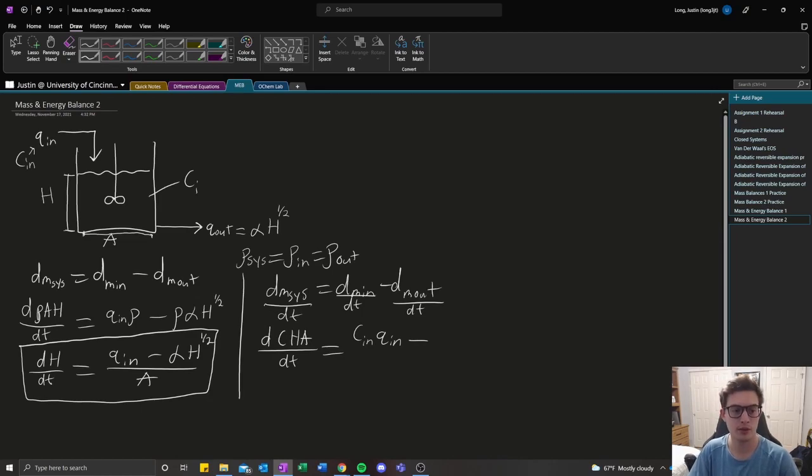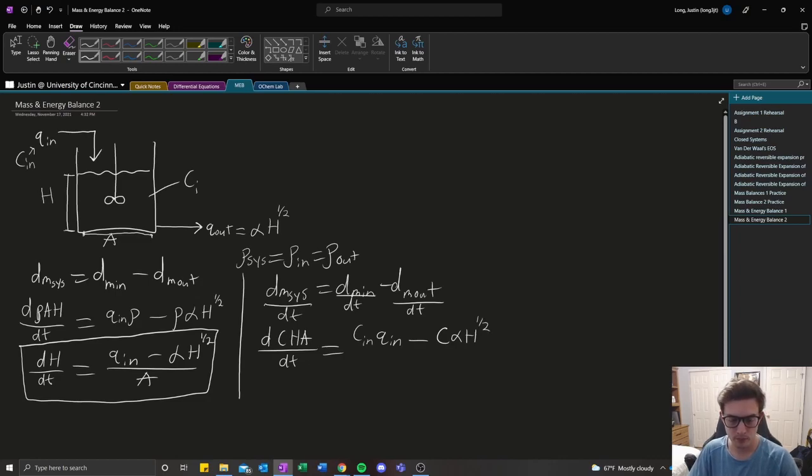Because it's perfectly mixed, the concentration going out is just the concentration of the system. So that's just regular C, not C in, times the Q out, the mass flow out, which is alpha times the height to the 1/2 power.